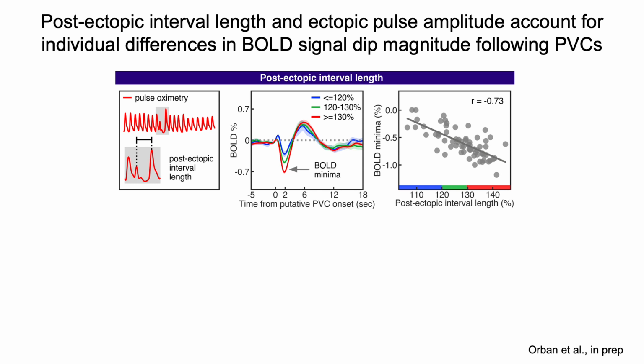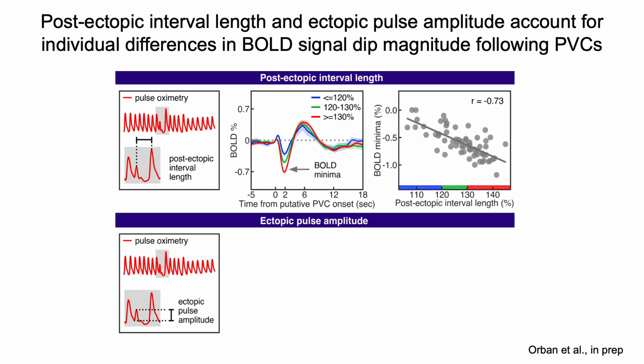Indeed, we found a strong correlation between post-ectopic interval length and BOLD signal minima. The colors in the 2 plots refer to corresponding bins denoting different post-ectopic interval lengths. A mere 20% increase in post-ectopic interval lengths generated substantially greater drops in BOLD signal.